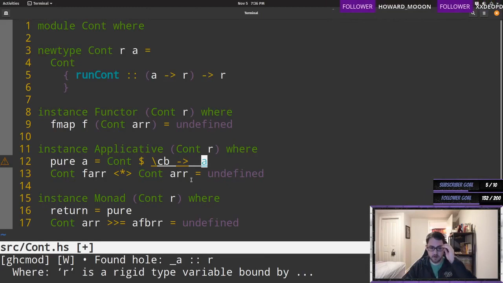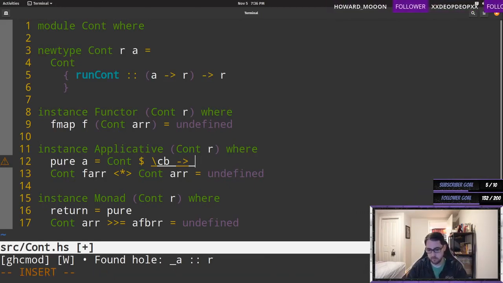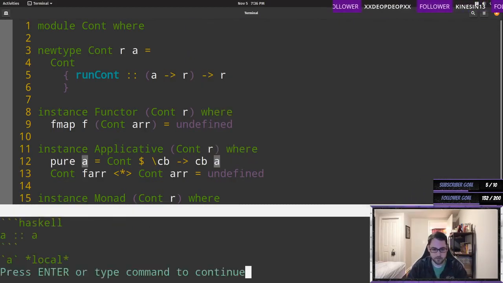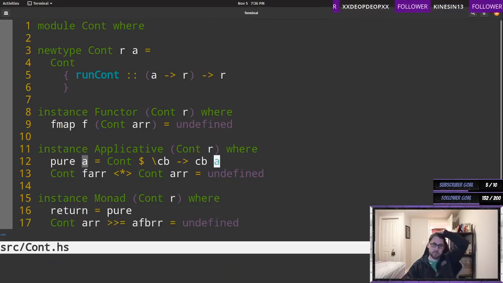To get an R, if you have an A, you basically just need to apply your callback. This was the piece that makes it the most obvious. Anytime you're writing these types of functions, you're going to have a callback, and that's the first thing that you're going to take always.